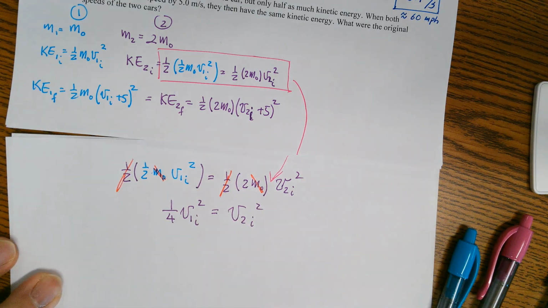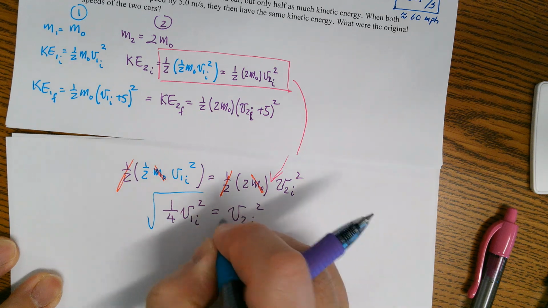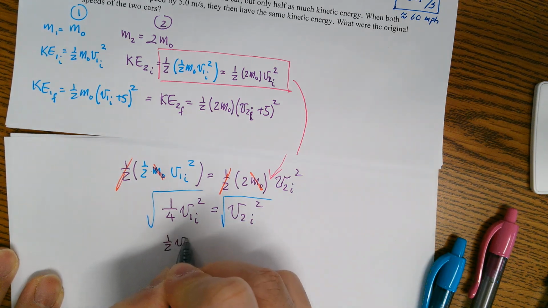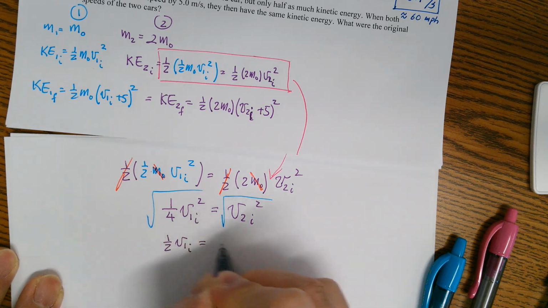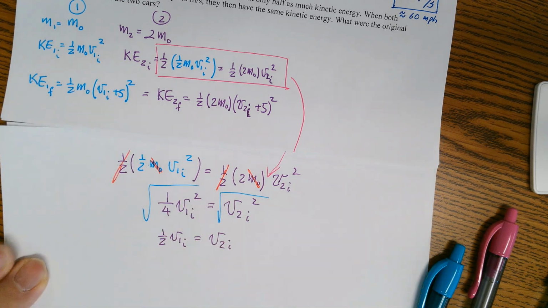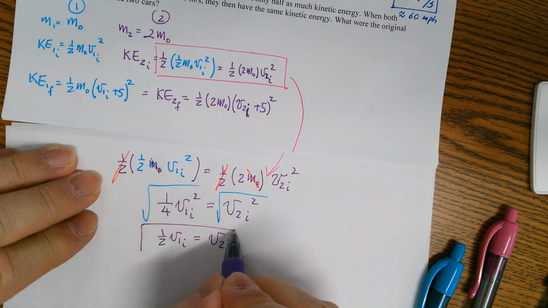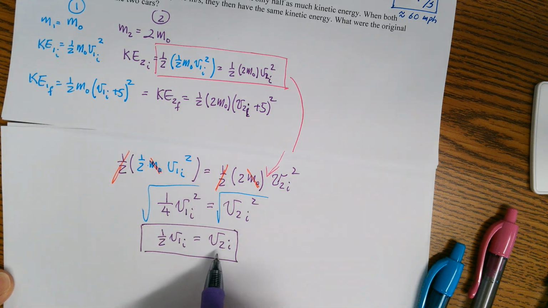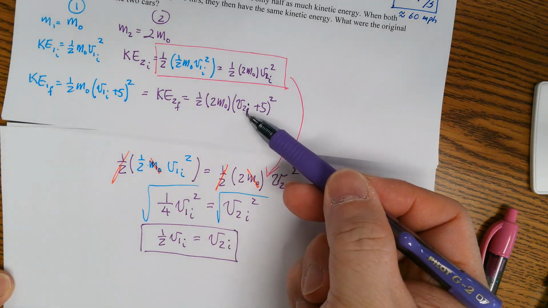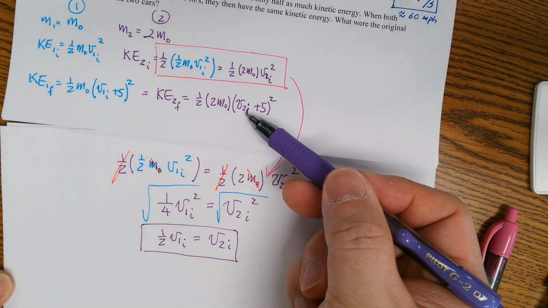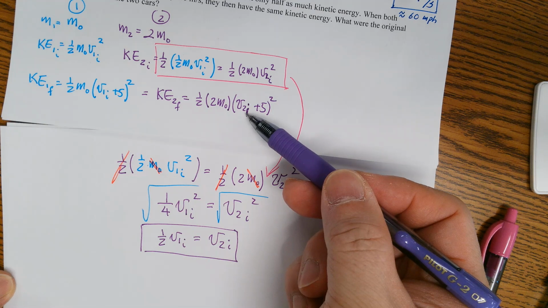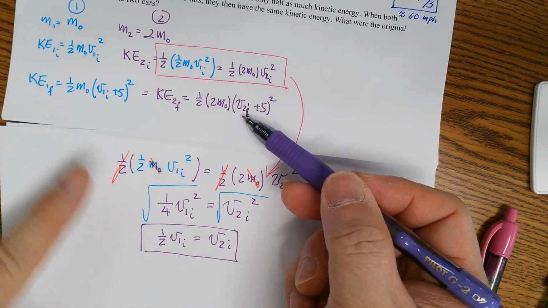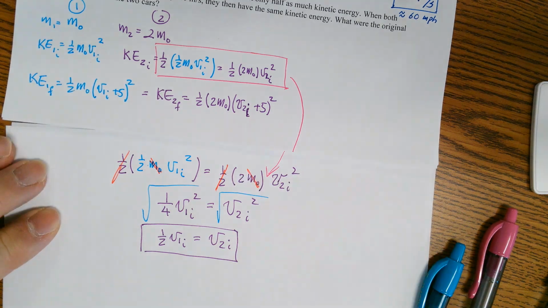If I square root both sides, I get 1/2 V1 initial is equal to V2 initial. This is important because I can use this information to plug in here for my V2 initial as 1/2 V1 initial. Then we can eliminate a lot of things.